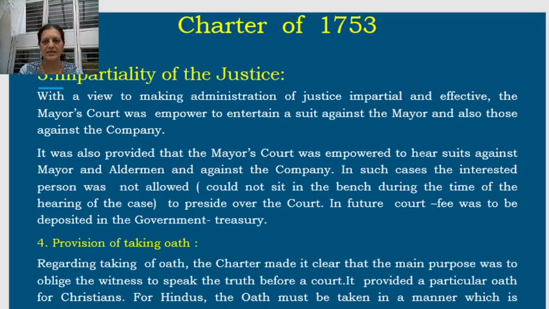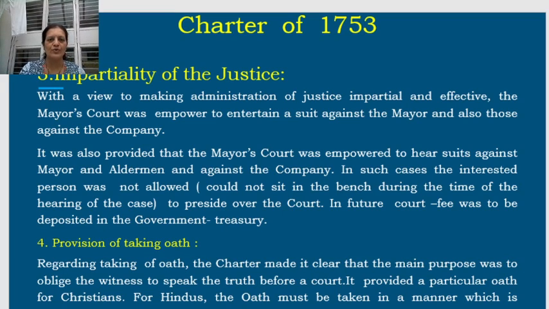In such cases, the interested person was not allowed to sit on the bench during the hearing of the case. So he was not allowed to preside over the court. In future, court fees were to be deposited in the government treasury and not in the court.